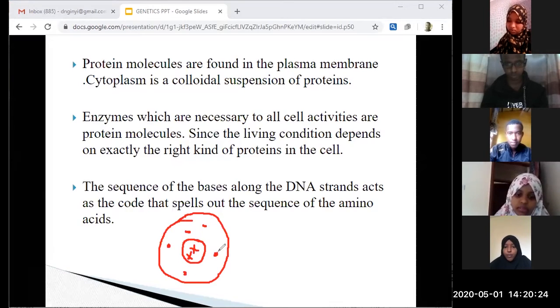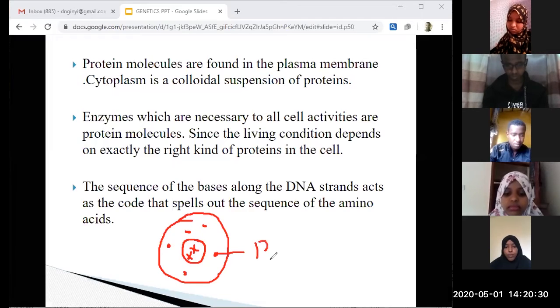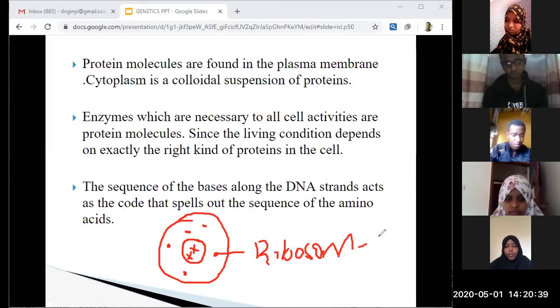What do we call these structures? Somebody with an idea? We refer to them as ribosomes.